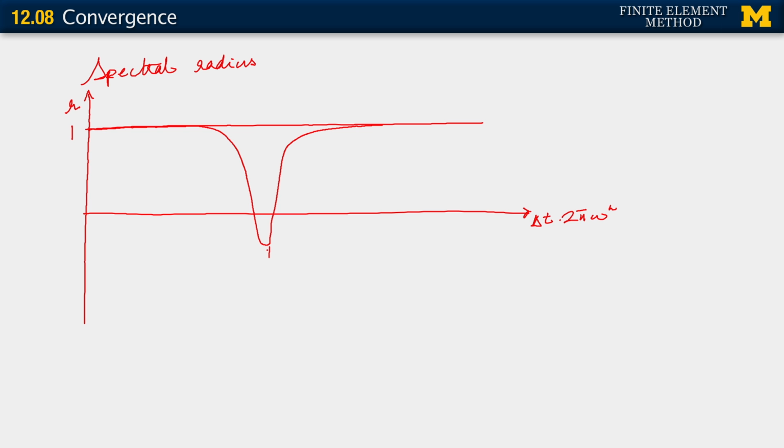And around this point is where you get fully real eigenvalues. So you get real eigenvalues around here.